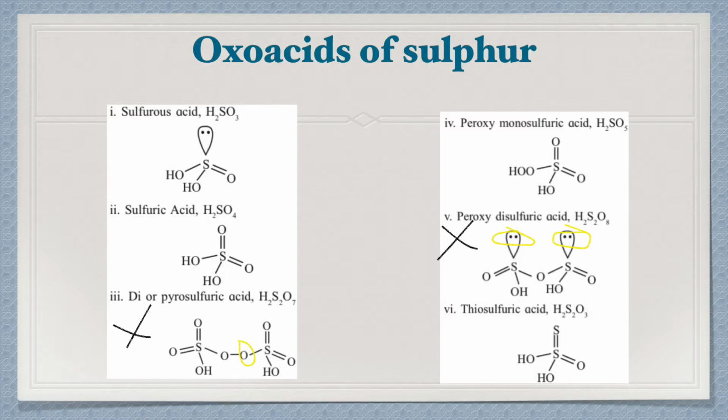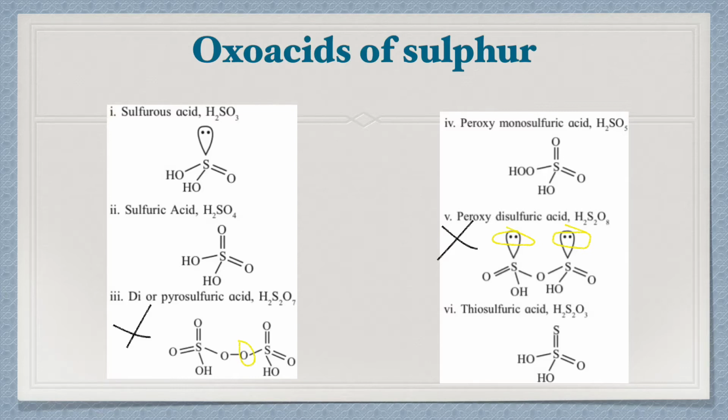From here, you have to study the names, the formula, and the structure of all the oxoacids of sulfur. Six oxoacids are there, so all that you have to learn nicely. Many a time, they directly give you the formula and ask you to write down the structure, or sometimes the oxidation state of sulfur is asked.